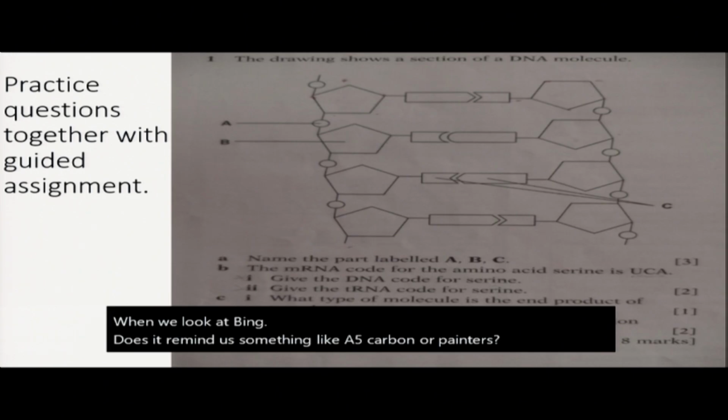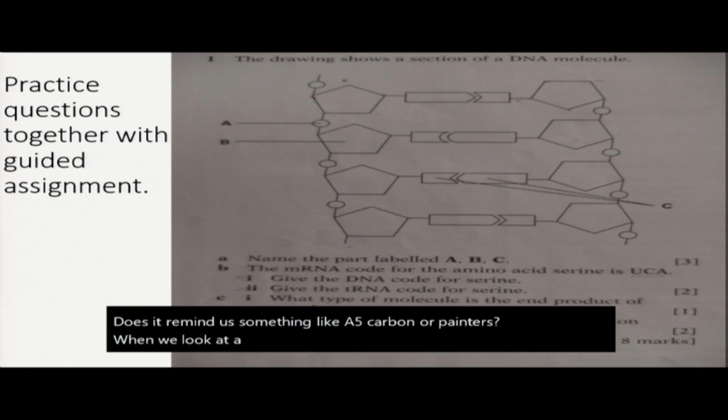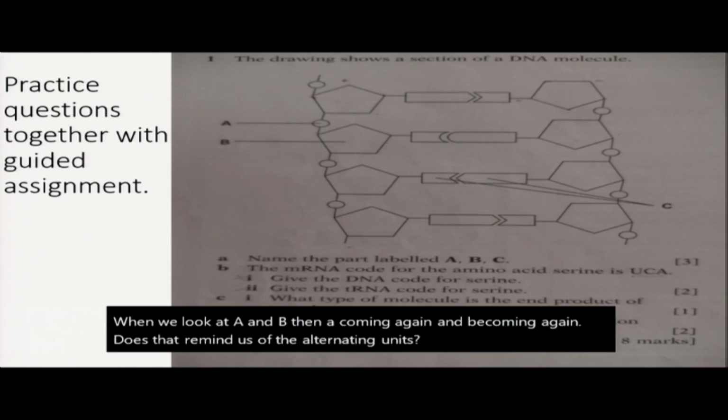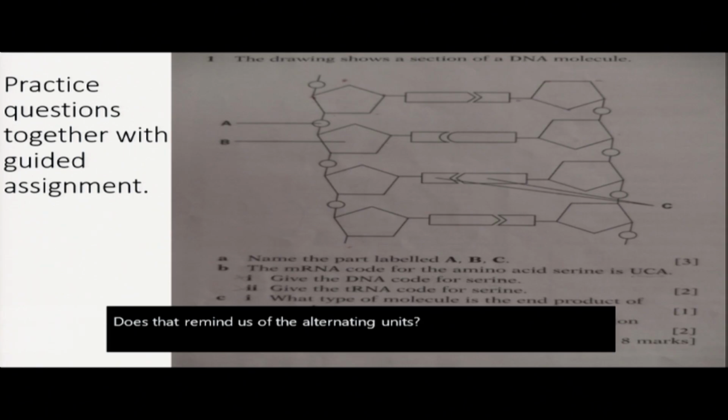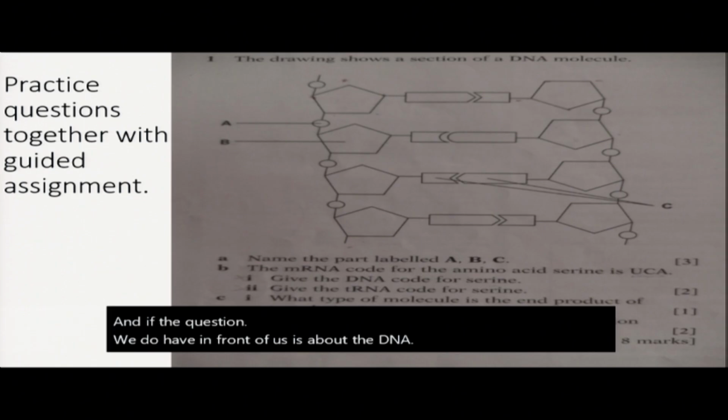When we look at A and B, then A coming again and B coming again, does that remind us of the alternating units? And if the question in front of us is about the DNA, then definitely I would not need to start thinking about RNA.